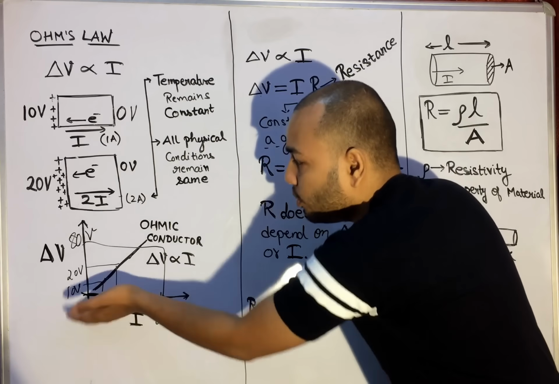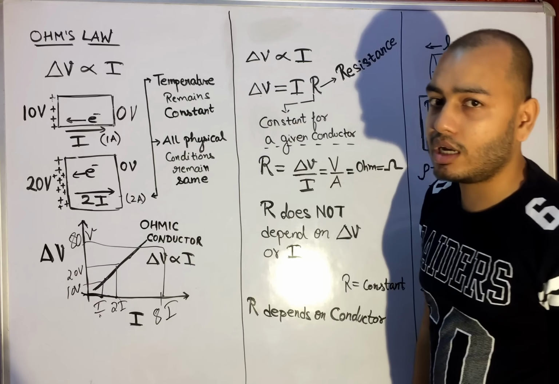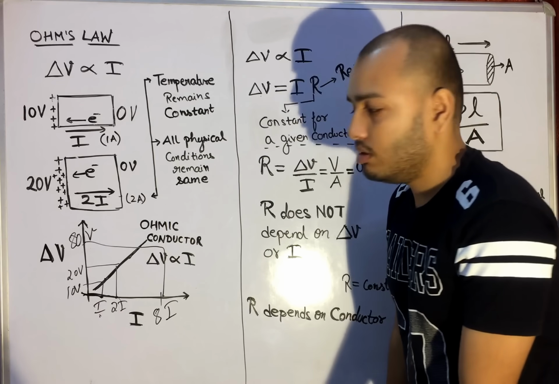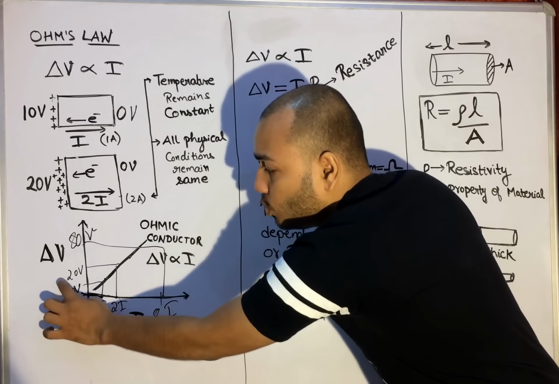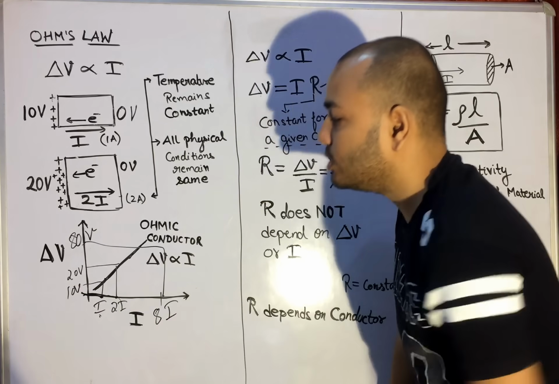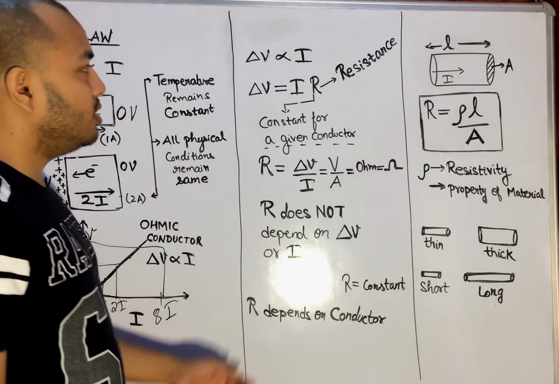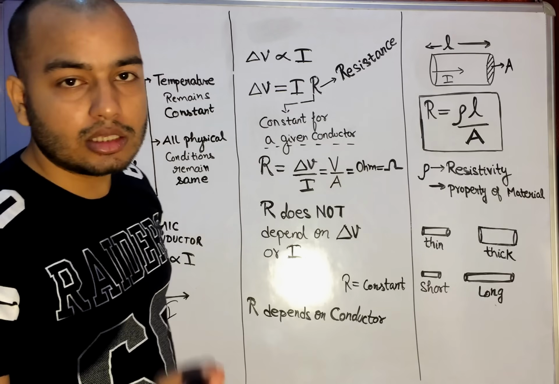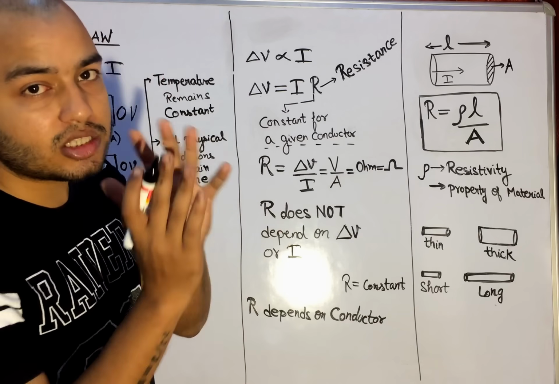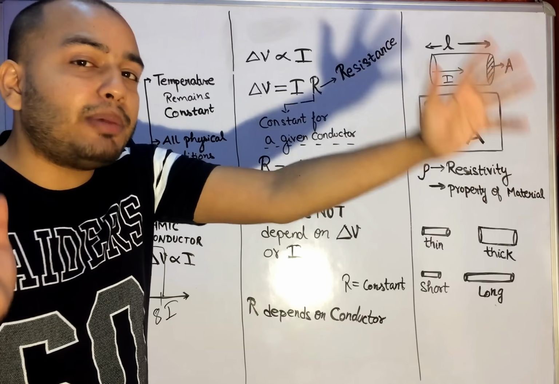More is the current, more is the potential difference, or vice versa, directly proportional. If potential difference increases 2 times, current also increases 2 times. So graph is a straight line. Okay. So delta V is directly proportional to I is Ohm's law, provided temperature remains same throughout the experiment.